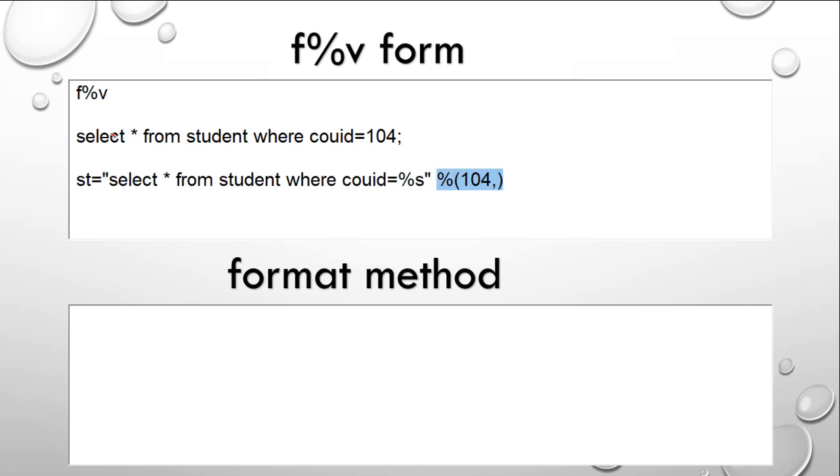So in this case, what is represented by f and what is represented by v? You can see that in the above format it is written f%v. It means the data before the percentage is represented by f and the data after the percentage is represented by v.